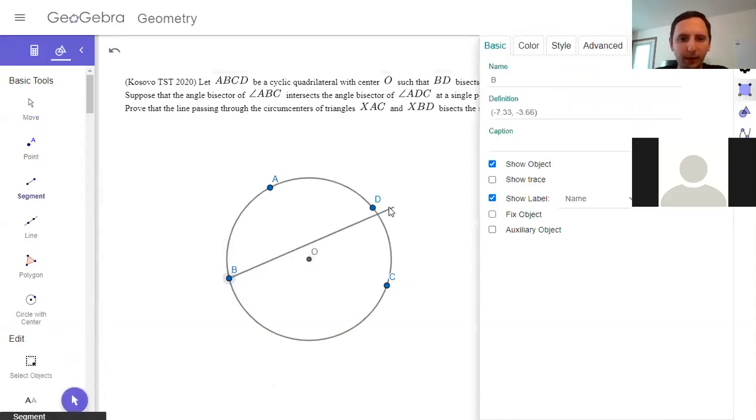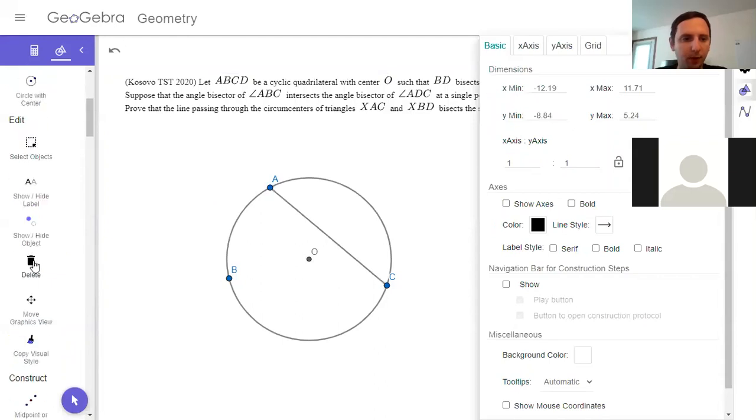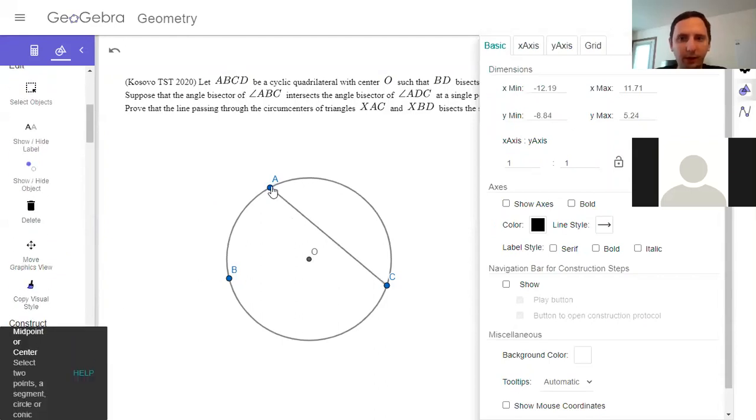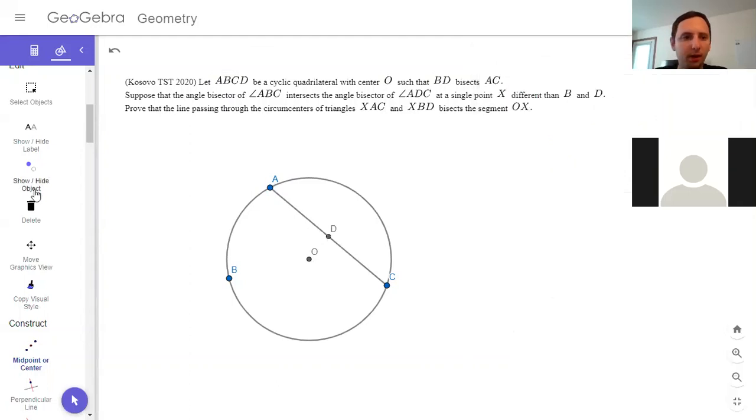So let's think about what that means. If BD bisects AC, then really what I want to do is I want to draw the midpoint here. Let's call it E.